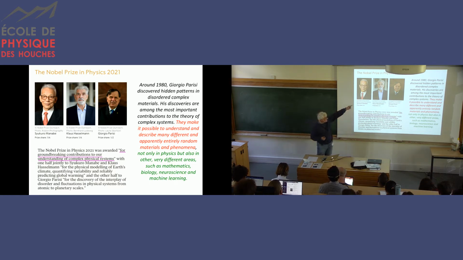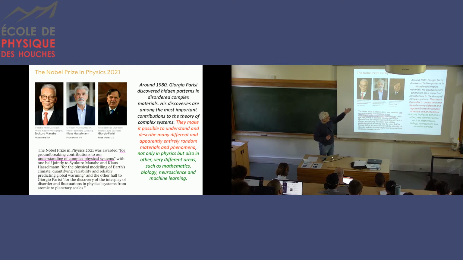I cite here on the right side the declaration by the Academy, and you see it is clearly stated that everything took place at the beginning of the 80s, as we know, but then of course that expanded over the 90s and more recent years.